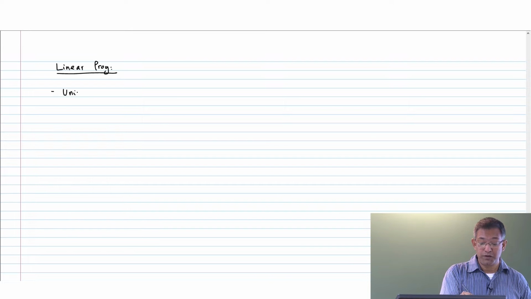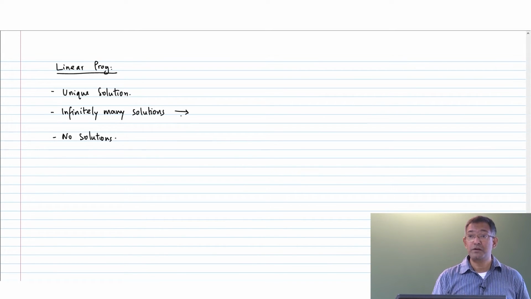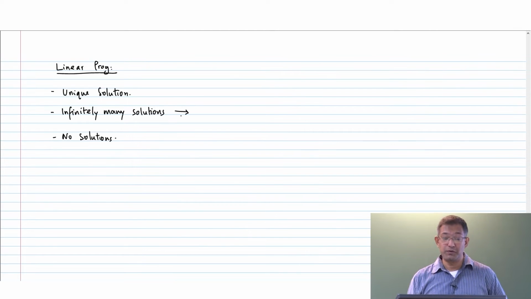There is a unique solution, there are infinitely many solutions, or there could be no solutions. So, let us look at the situation where there are infinitely many solutions.